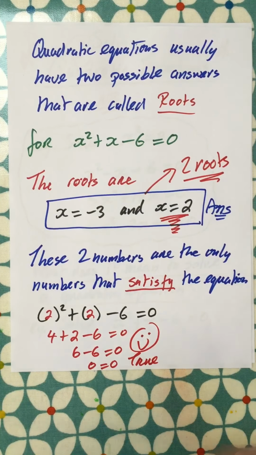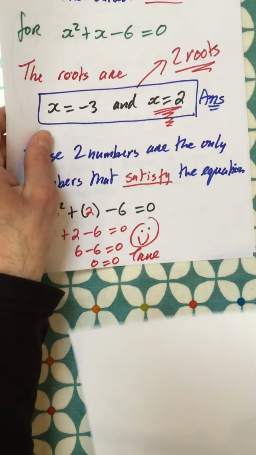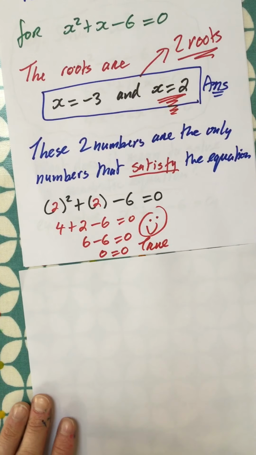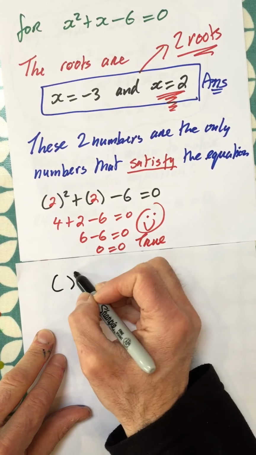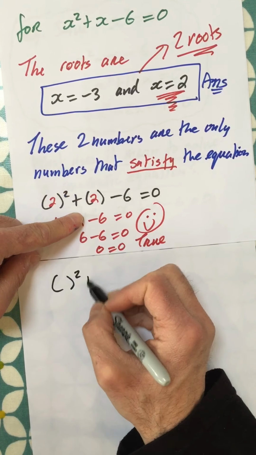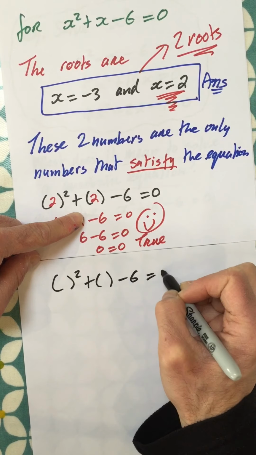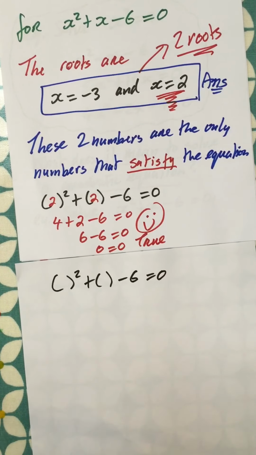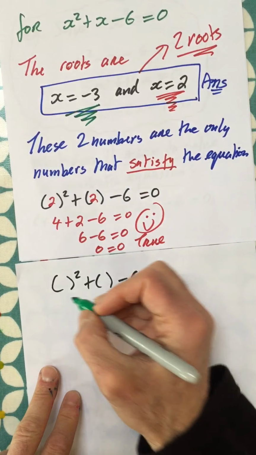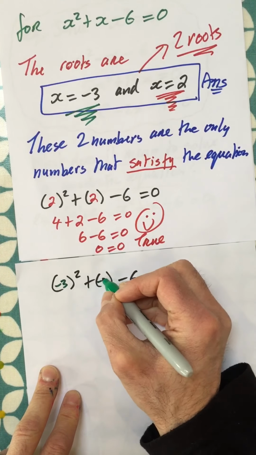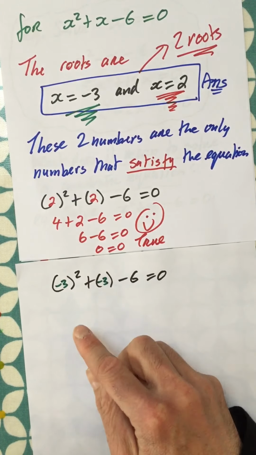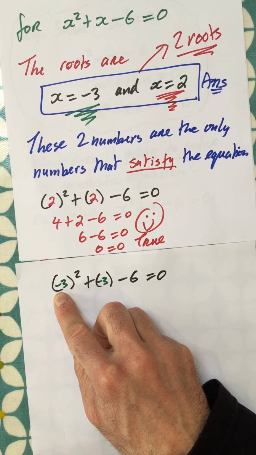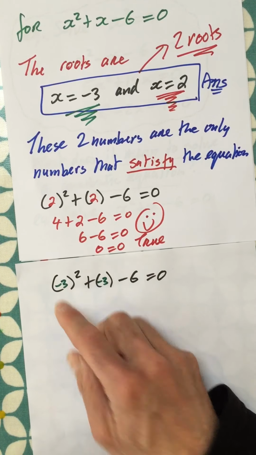If I try the minus 3, just to show you that minus 3 also works. If I do the same thing and put an empty bracket squared plus an empty bracket minus 6 equals 0. But this time I sub in the minus 3 solution. Look what happens. Minus 3 in a bracket squared, well, a minus gets squared as well, so minus by minus is a plus, and 3 squared is 9.